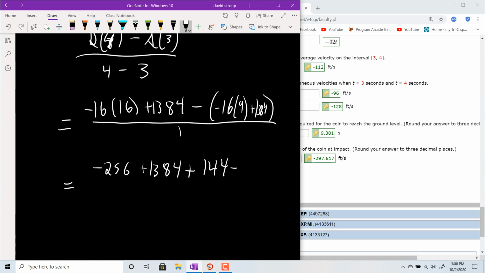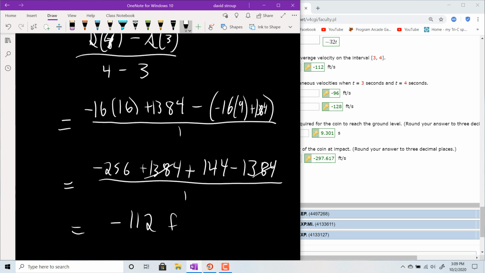My nice fancy TI calculator is not working for whatever reason. It's all over 1. The 1384s go away. Negative 256 plus 144 is negative 112, and feet per second.